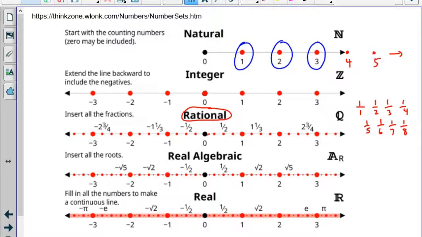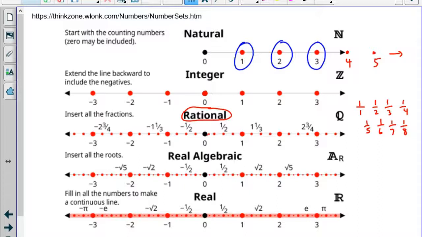We talked about that in the Unit 0 video. But this is kind of mind blowing: between every two rational numbers, there is an irrational number. And between every two irrational numbers, there's a rational number. It's really mind blowing if you stop and think about it. And then you think that there are more irrationals than rationals, and it just makes your head spin.